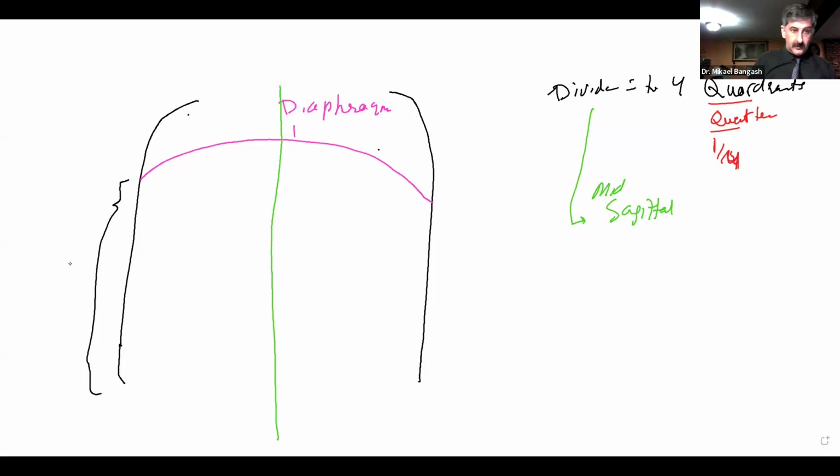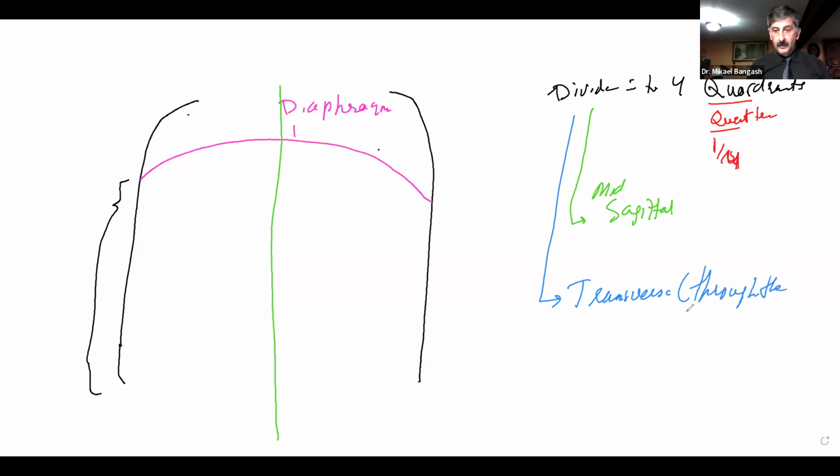The other imaginary line that we will be drawing is going to be along the transverse plane, and that is going to be mainly through the umbilicus.